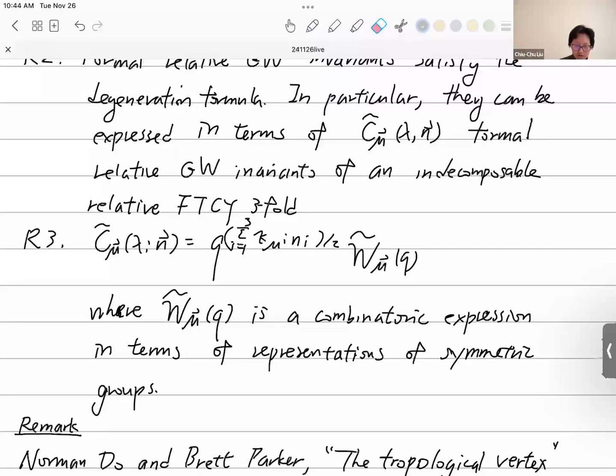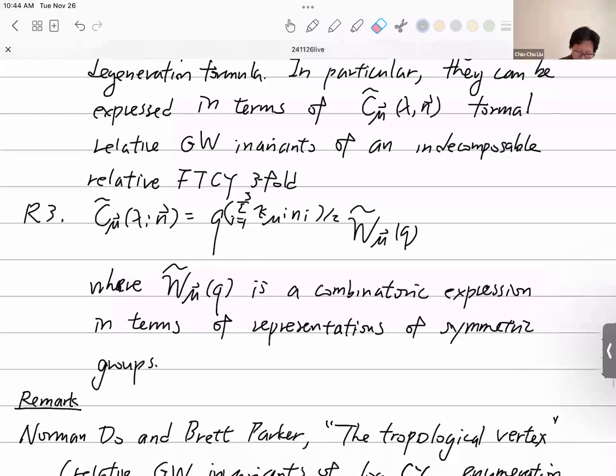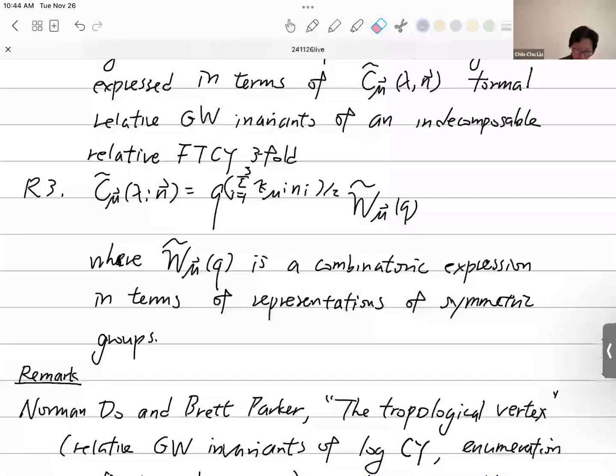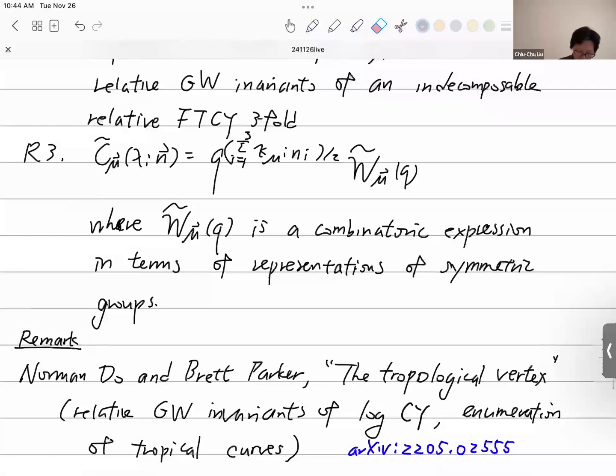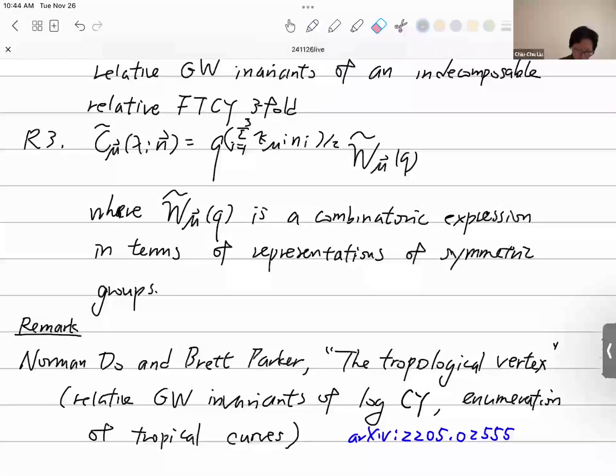It has the same framing dependence. And W tilde is in terms of representations of symmetric groups. At the end of the day, C tilde will be equal to C and W tilde will be equal to W.